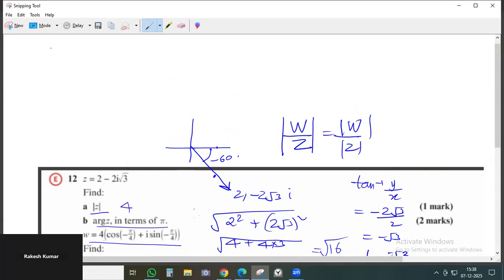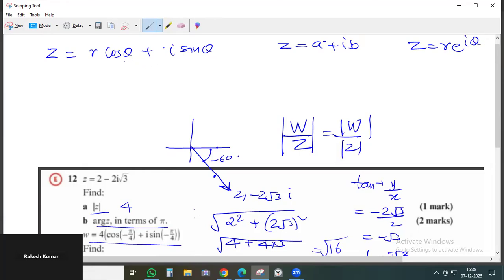A complex number can be written in this form. It can also be written in this form, or it can also be written in this form. So one complex number can be written in three different ways.